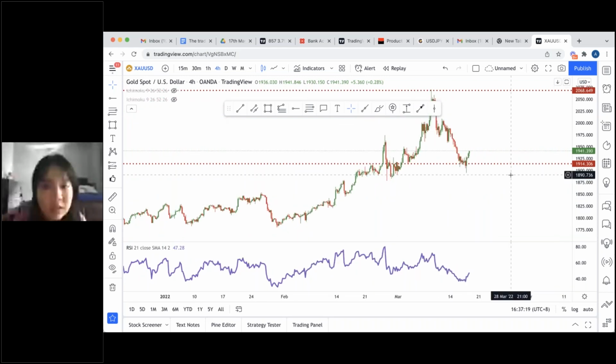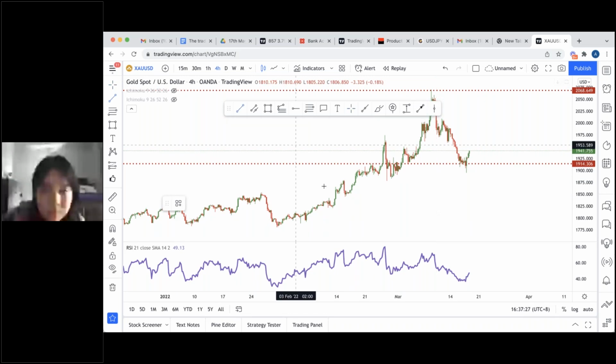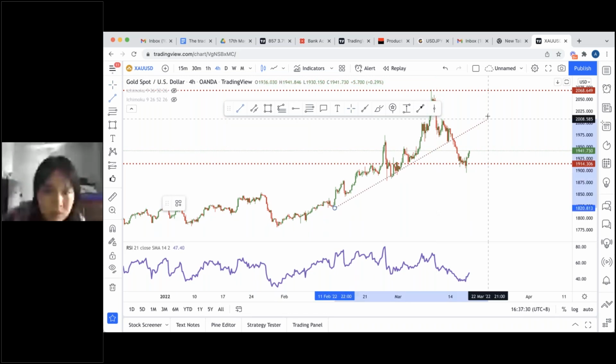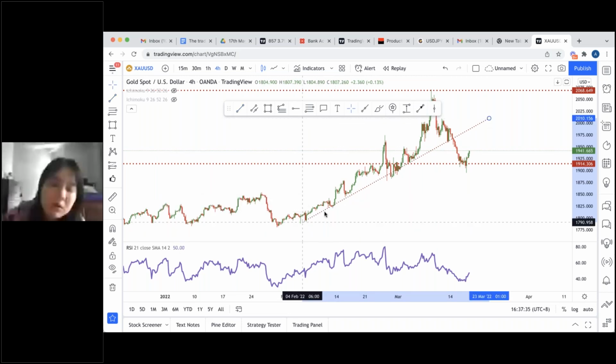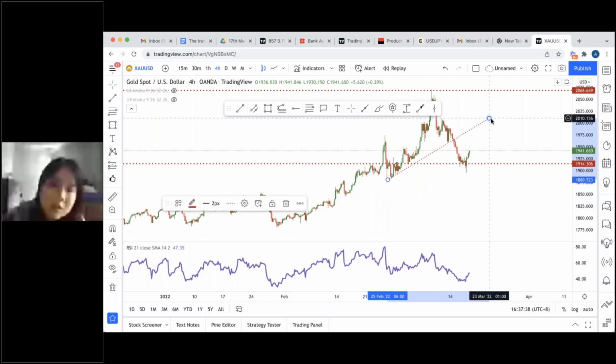So right now, we can see that gold is actually on bullish momentum. There was a breakout from here.